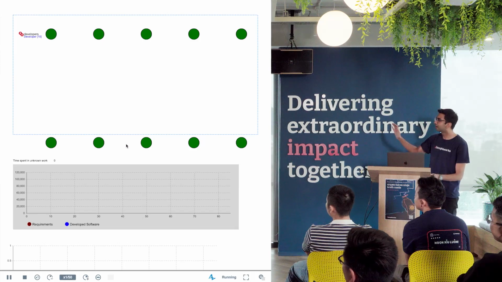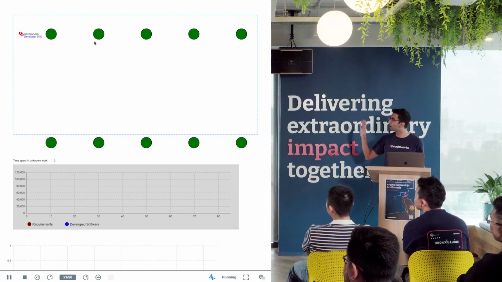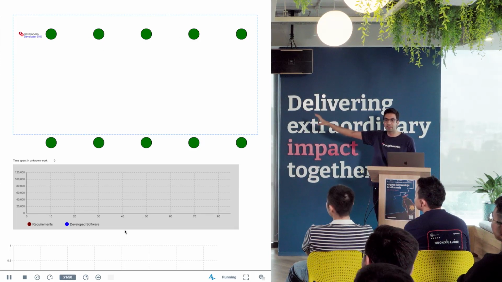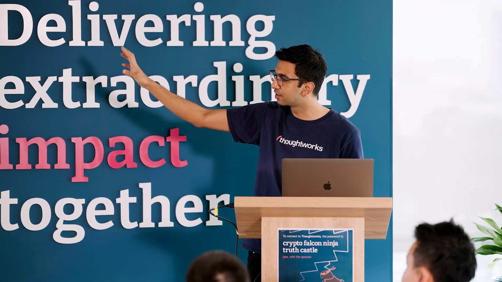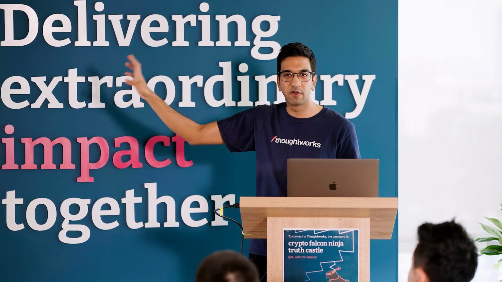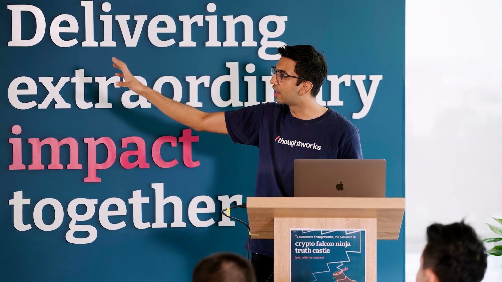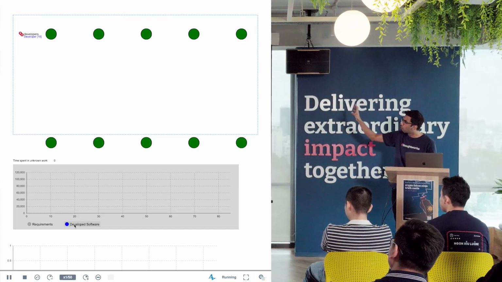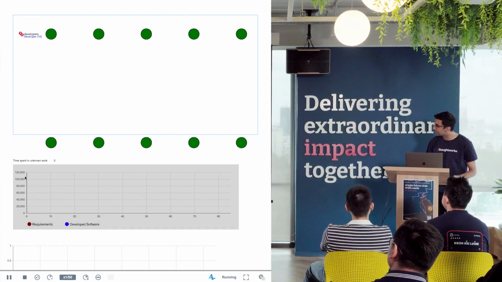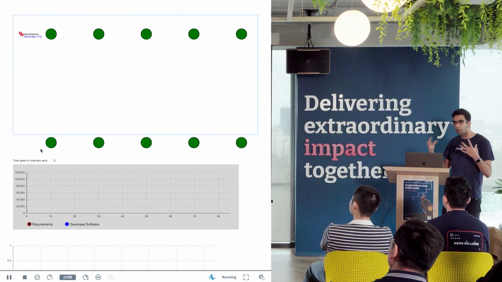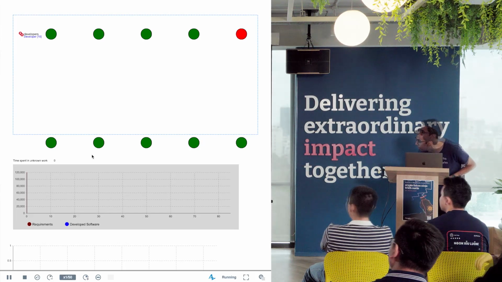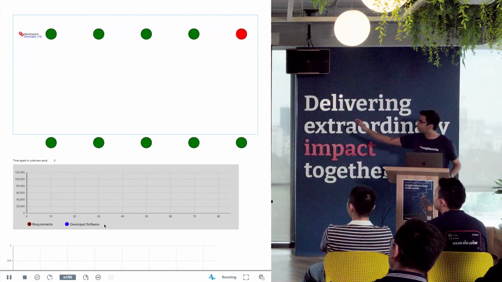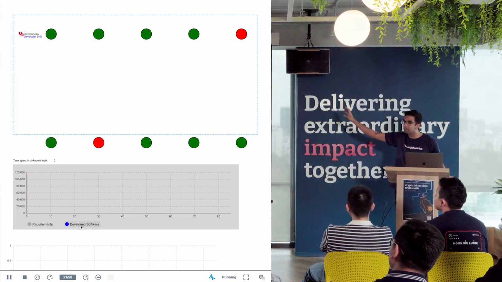So what you're seeing here is basically a very simplified model of a dev team of 10 developers, these circles, doing delivery work on a project. The project has a certain scope, and these developers are delivering features in that scope. So when you see that the developers are green, it means that they are doing normal feature delivery work. But if I speed it up a little bit, you see that at a given rate, developers turn red.